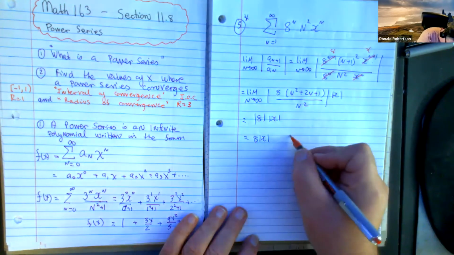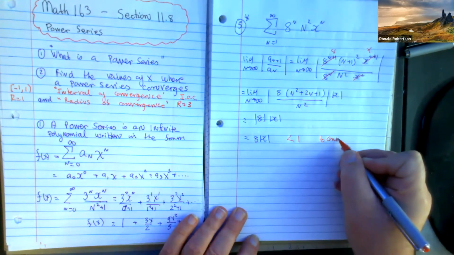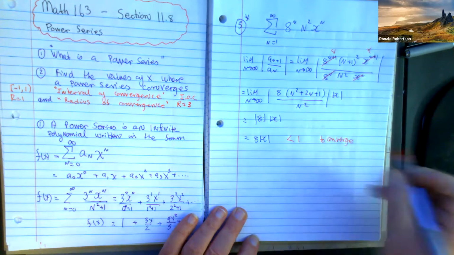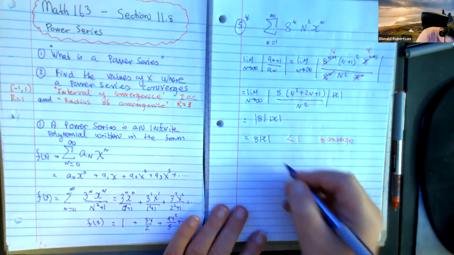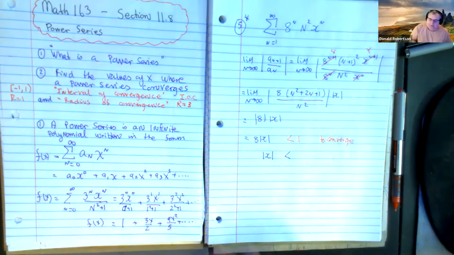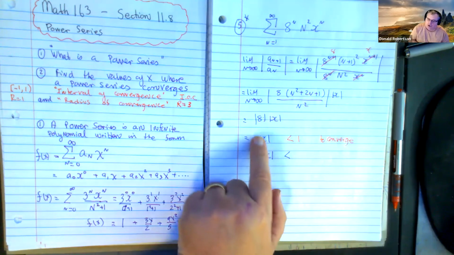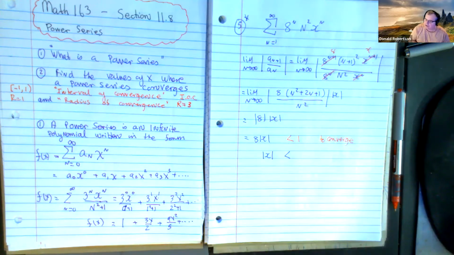For it to converge, it must be less than 1. We did that in every question. But to get the interval and eventually radius of convergence, don't we need to know what the absolute value of x is less than, not what an absolute value is less than?